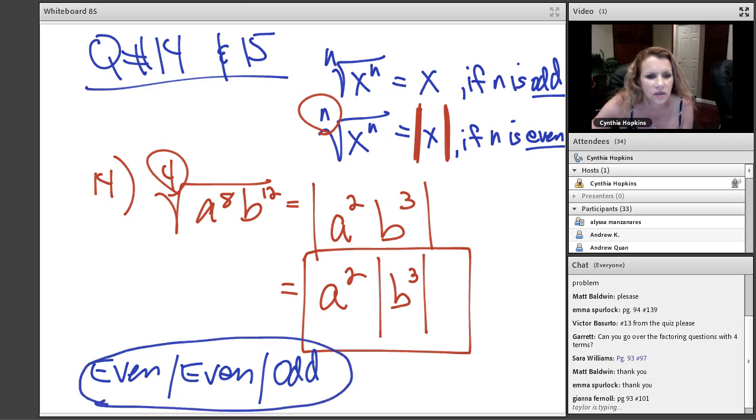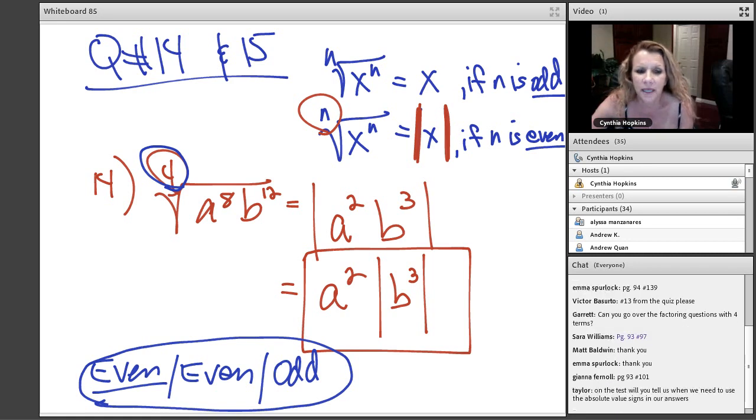So let's do this 4 for the radicand, I mean, radical index, sorry, 4 is my radical index. That's even. That's this first word, even. Okay, I want to do the b to the 12th next. B to the 12th, well, that exponent is also even. So my 4 compared to my 12, that's even.